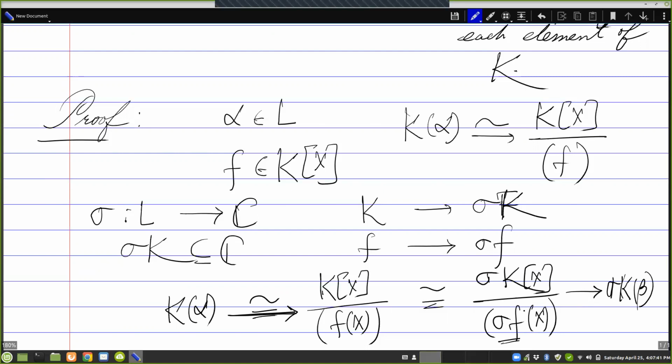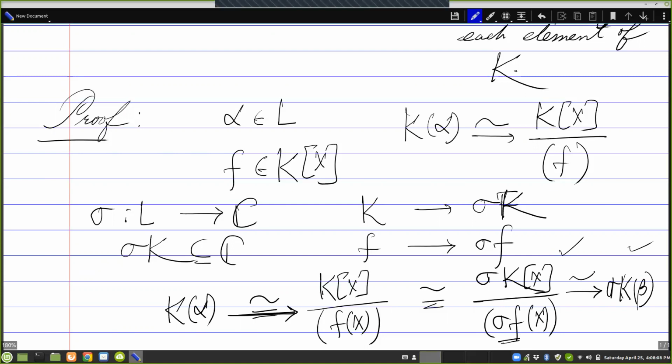So try to understand. From here we have this bijection, so we can perform the same thing for the subfield sigma K with the quotient by the irreducible polynomial sigma f. Remember, sigma f is defined by applying sigma coefficient-wise. So for any root beta of sigma f, we have the isomorphism.